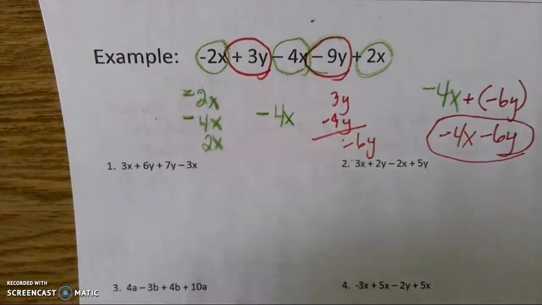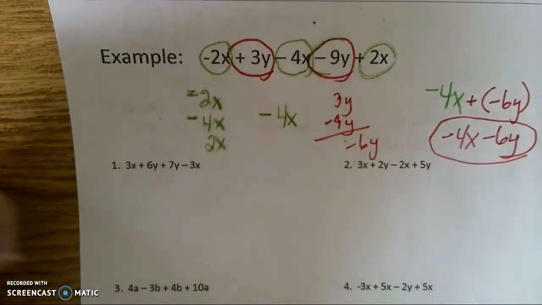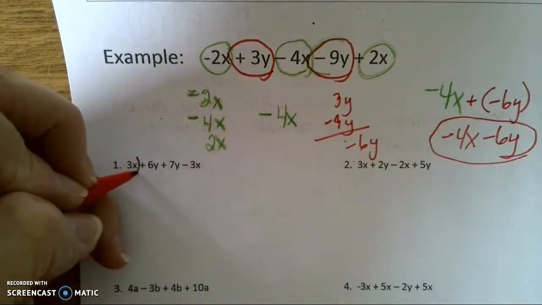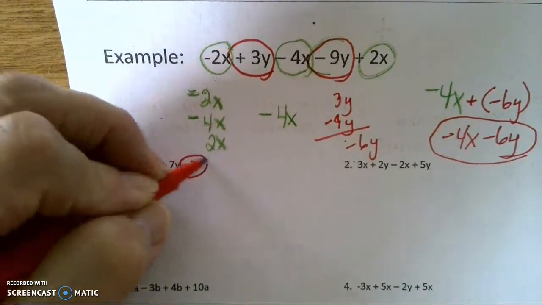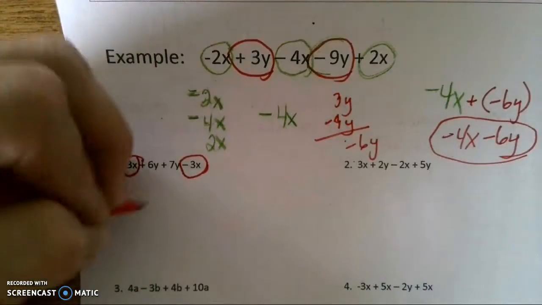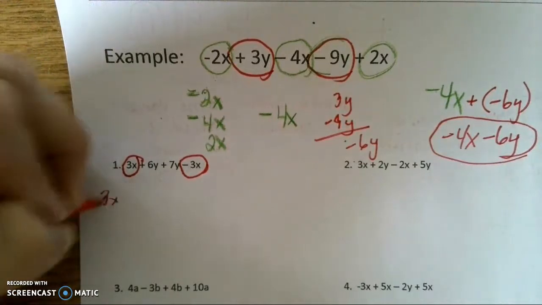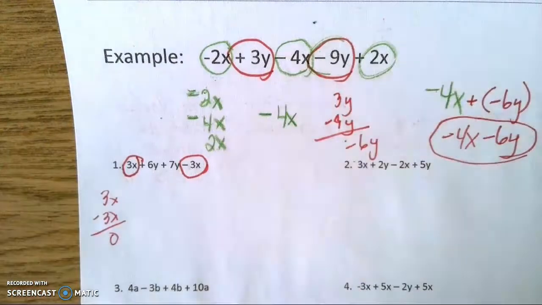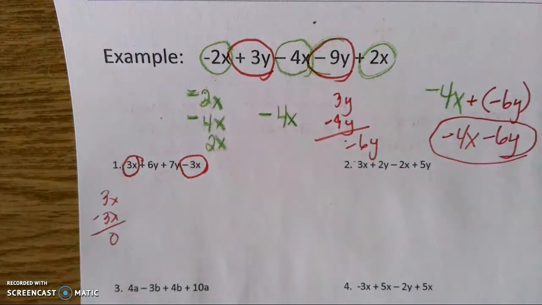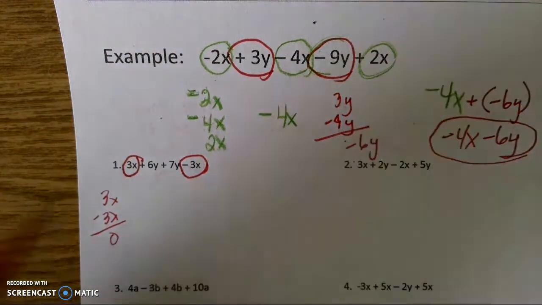So remember, you always want to identify your like terms. So I have a 3x, and I have a negative 3x. Well, 3x and negative 3x, that's going to be 0, because I have opposites, and when I add opposites, I get 0.